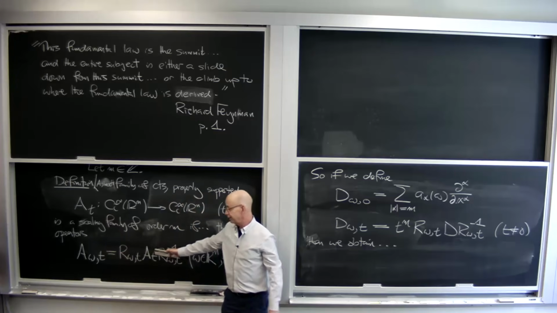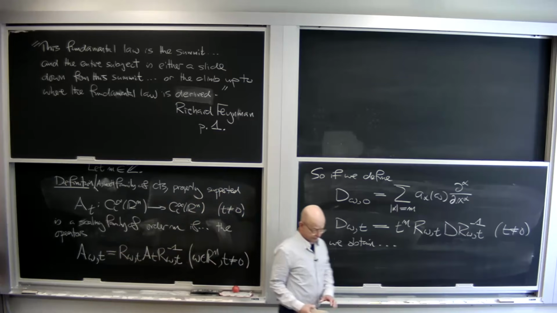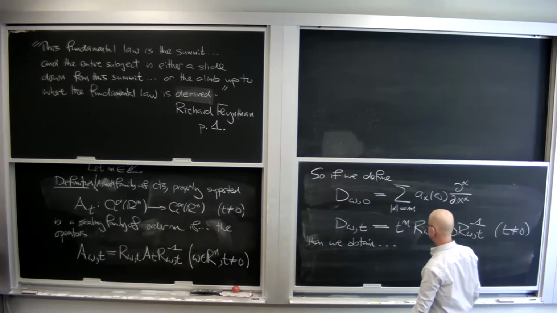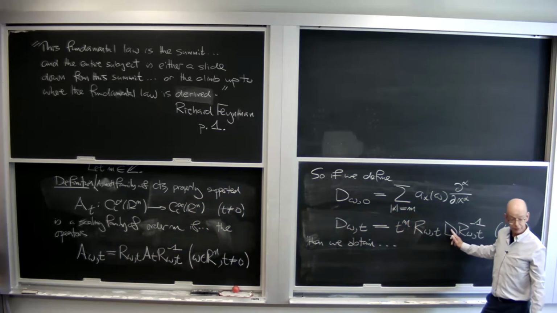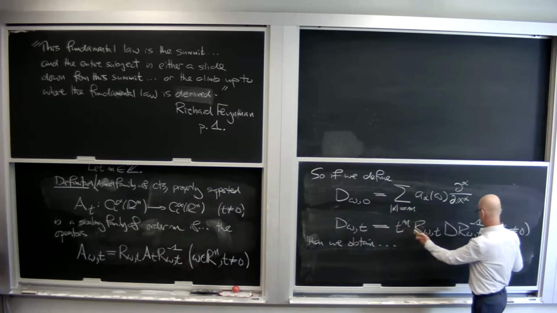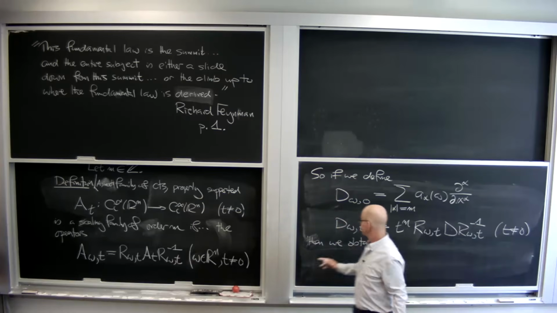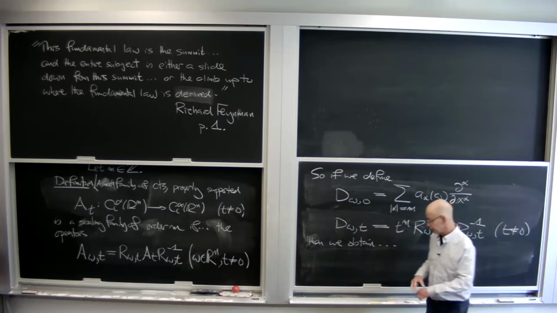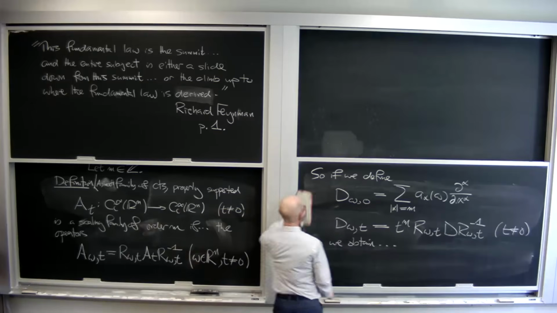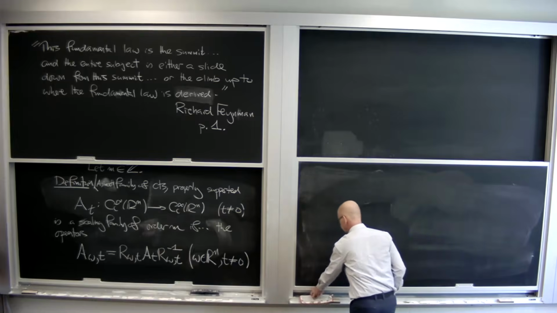So this is almost what we did to D, except here there's a T in the picture, and the T is supposed to remind you that we did a little fiddle in the world of differential operators, which is we multiplied them by T to the M. So an example of a scaling family is going to be T to the M times D. That's going to be a scaling family. And then we take that family and we conjugate it by R omega T, like I'm doing here. And what we get is a family which now makes sense when t is equal to 0. So the condition on the family, which we've seen holds here, is that this family extends.